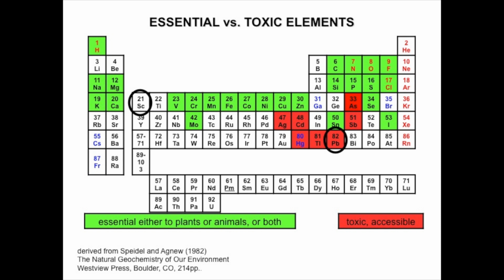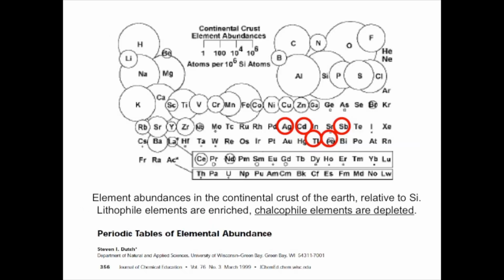So I'm most interested in silver, cadmium, mercury, thallium, lead, antimony, and arsenic. I'll show you a few examples today of lead, which, to be honest, is my favorite element. But I shouldn't say it too loud, because scandium is my other favorite element, but for completely different reasons.